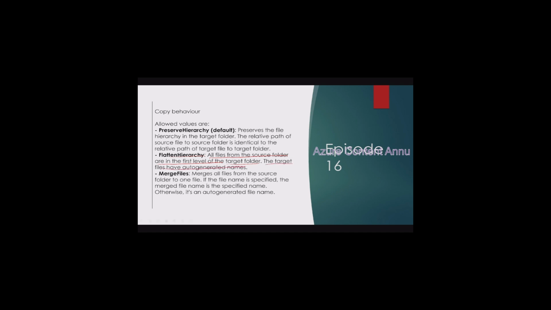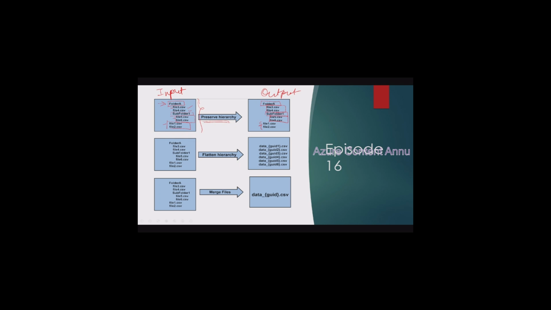So what it does is, when you copy using flatten hierarchy as the copy behavior, it will copy all the files into the target folder as the first level in the hierarchy, which means it will not be copied inside any folder or subfolder. It will directly be copied into the container by flattening the hierarchy.